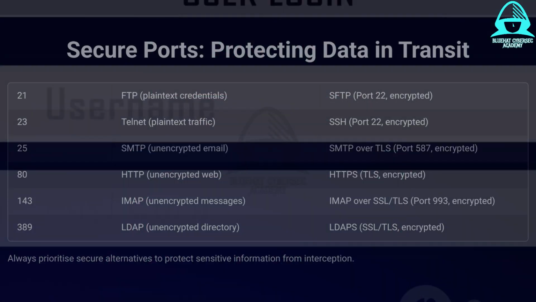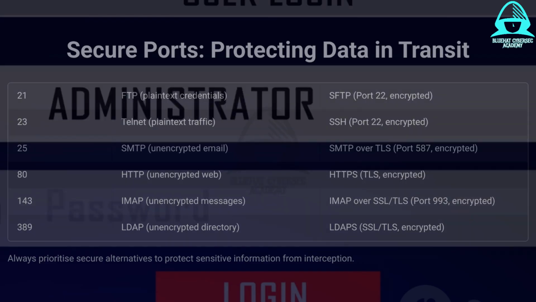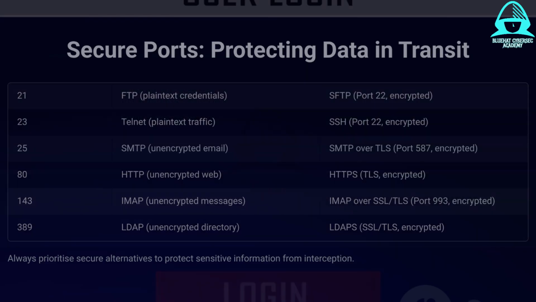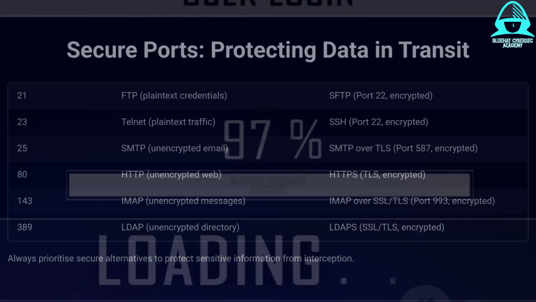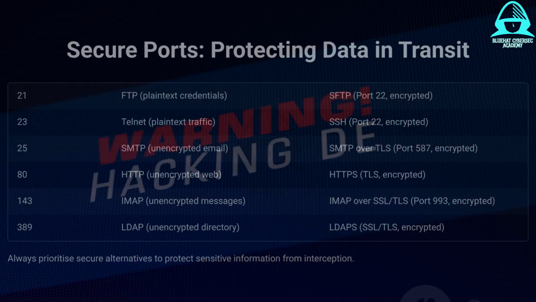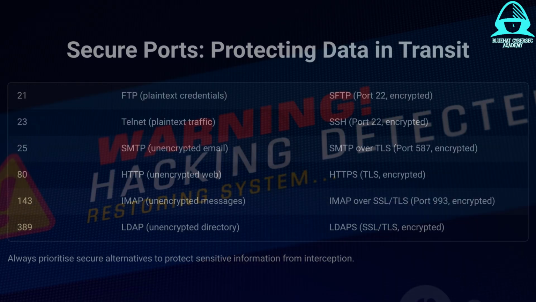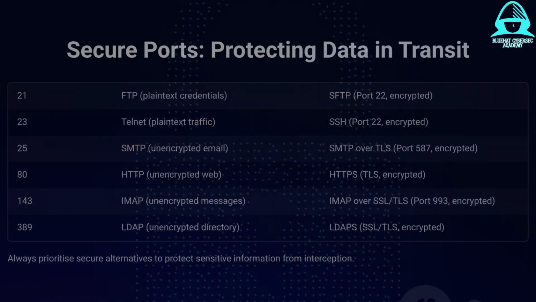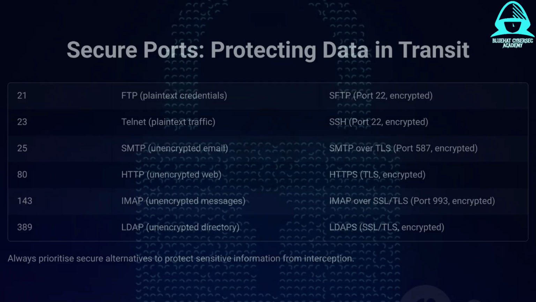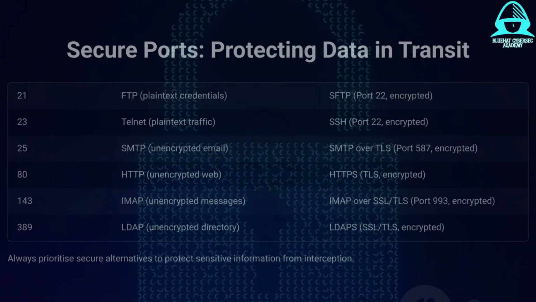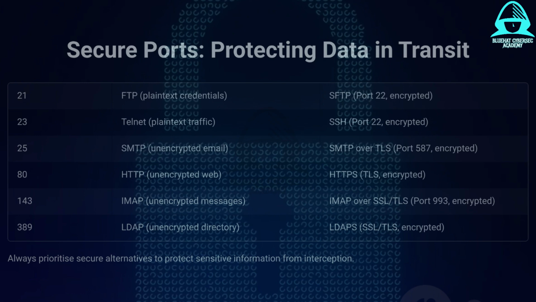Port 21, FTP, File Transfer Protocol, sends usernames and passwords in plain text between client and server. This data could be intercepted by an attacker and used to retrieve confidential information. The secure alternative is SFTP on port 22, which uses encryption to protect user credentials and data packets.